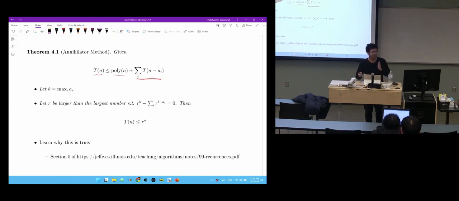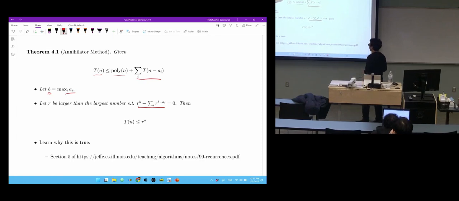It's n minus some constant. What you do, you just compute the maximum a_i, and look at this polynomial, r to the b minus the sum over all i of r to the (b minus a_i).